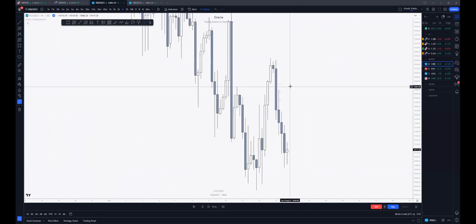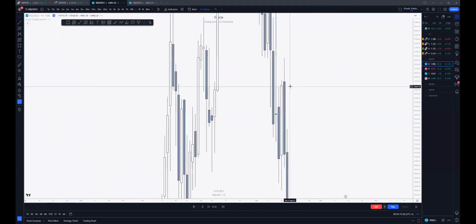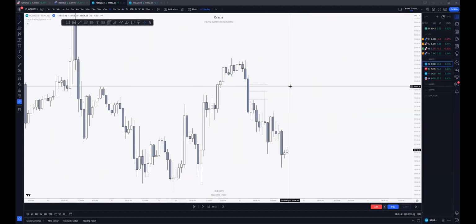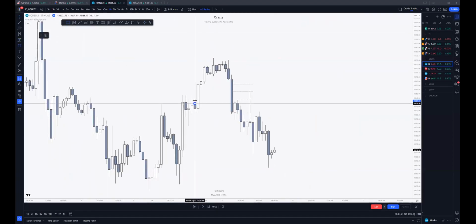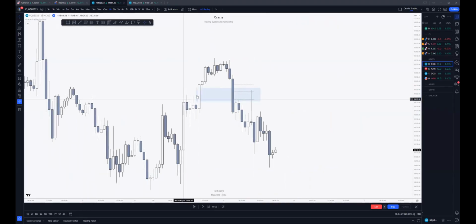Let's see here. Actually, no, this would be a perfect example to do that, because I don't see anything here besides maybe the BPR like this. So yeah, this is the exact scenario that you would use this thing, right?